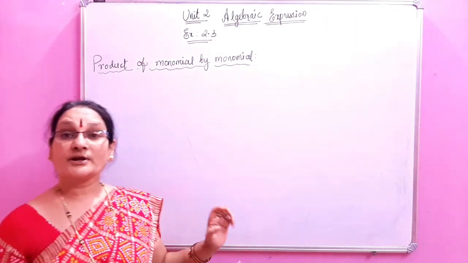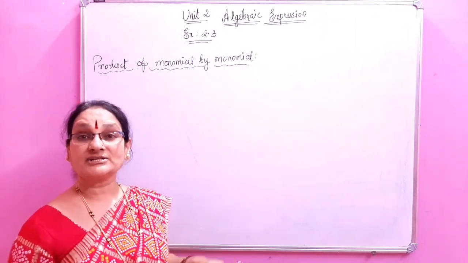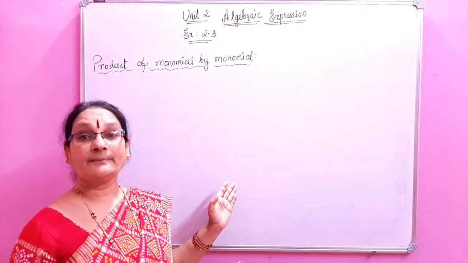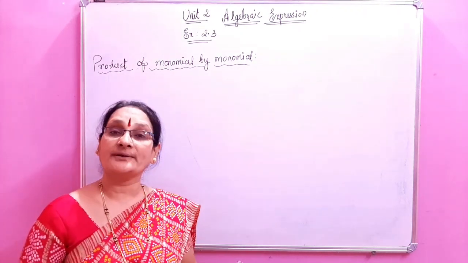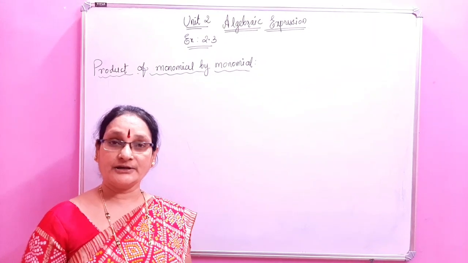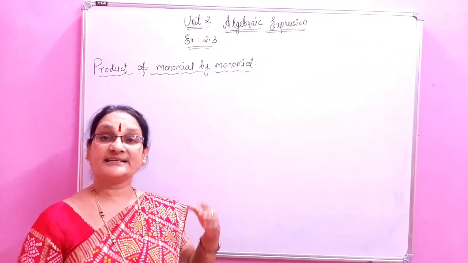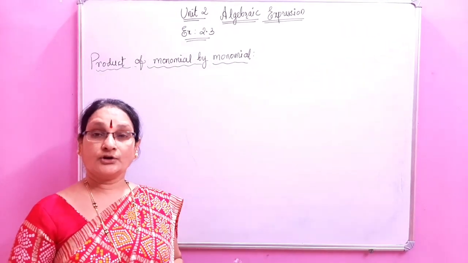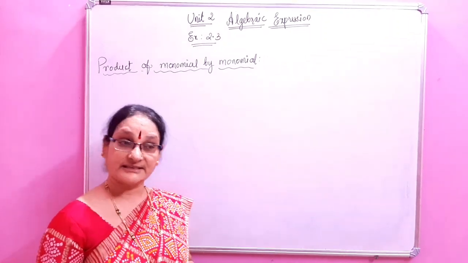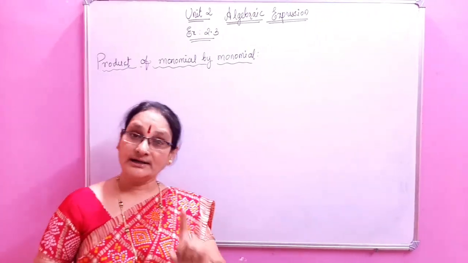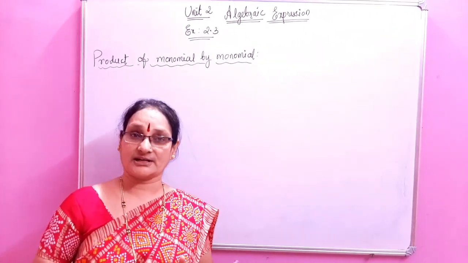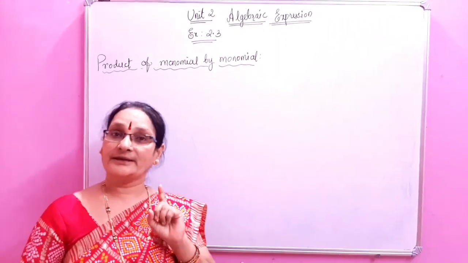Now let us understand the product, that means multiplication, of monomial by monomial. You know what is monomial? I already explained to you what is a term, what is an algebraic expression. Now what is a monomial term? If there is only one term in the algebraic expression, that is a monomial term.